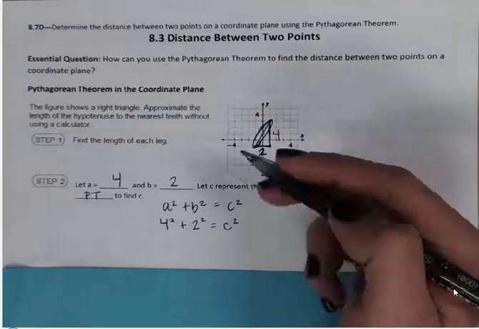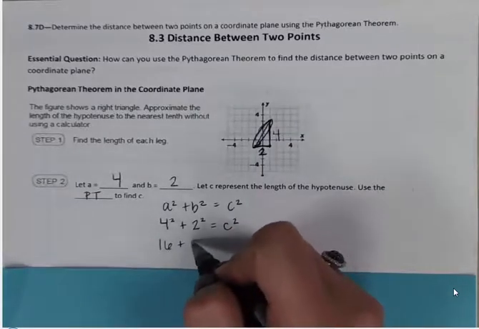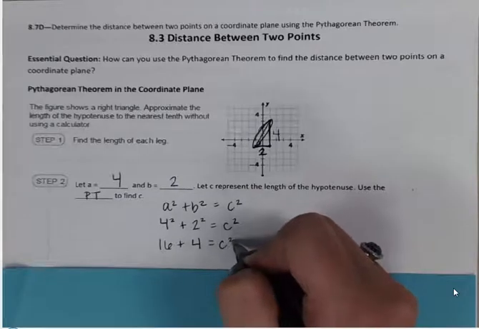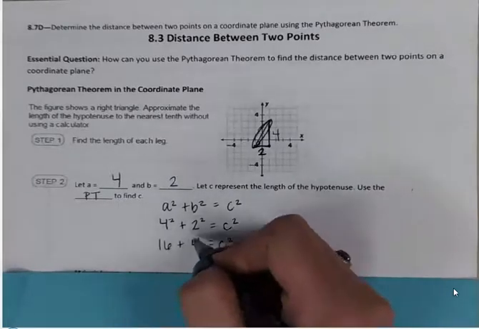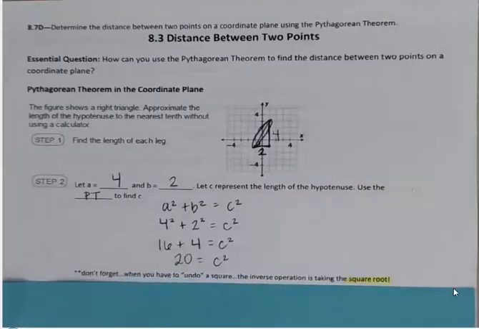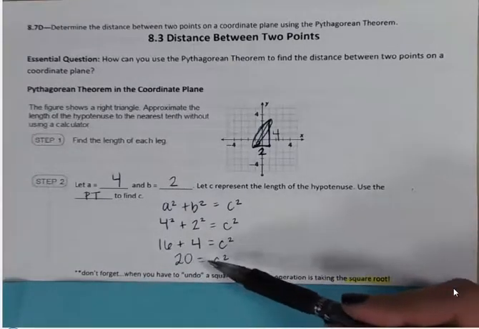So now we need to simplify. 4 squared is 16 plus 2 squared is 4 is equal to C squared. I still don't know C squared. Keep simplifying. 16 plus 4 is 20 is equal to C squared. Now it says, don't forget, when you have to undo or do the inverse operation of a square, because 20 is not equal to C, 20 is equal to C squared.